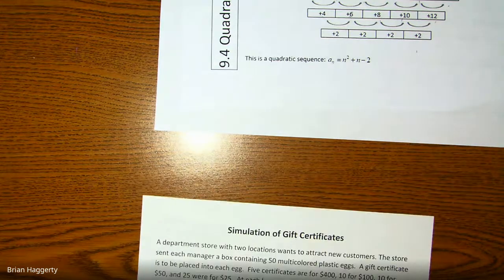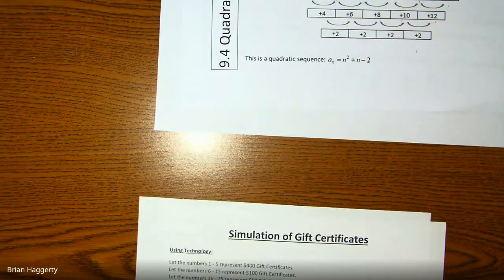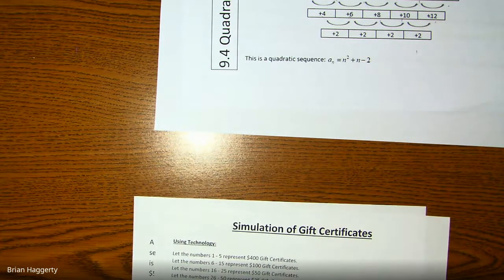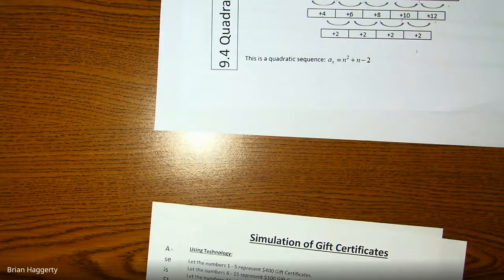All right, so this is the actual problem for the simulation. And then these are the three ways you could run it. Remember, for AP purposes, you'd be expected to be able to design one using technology, random number tables, or tactiles.